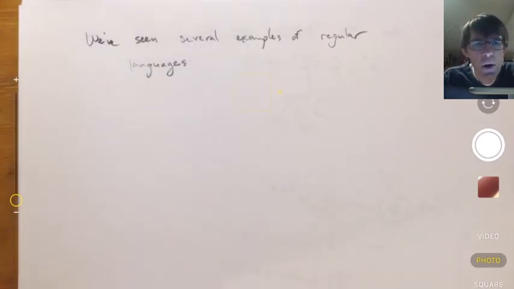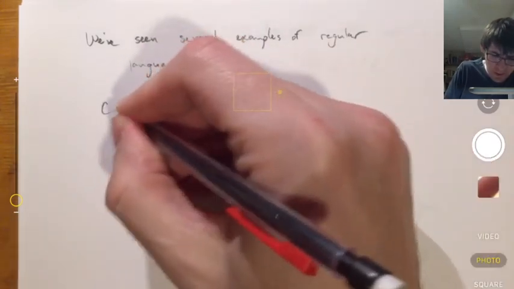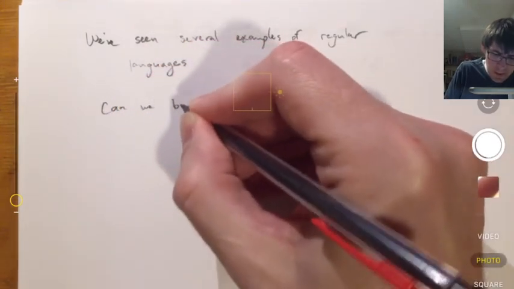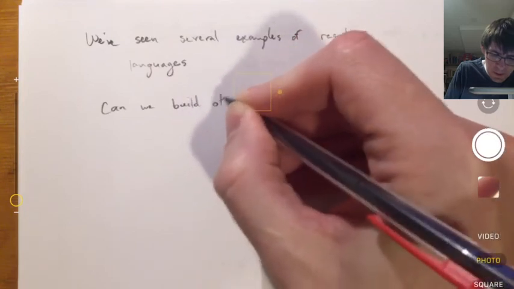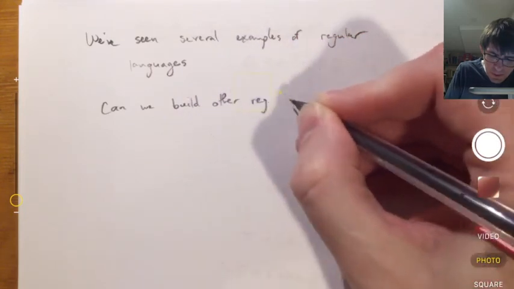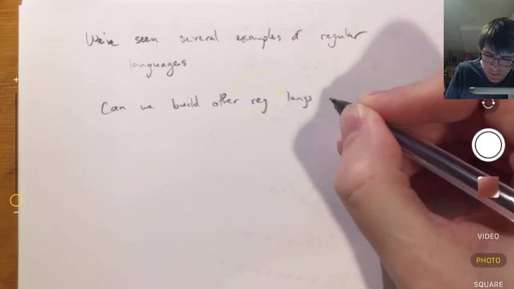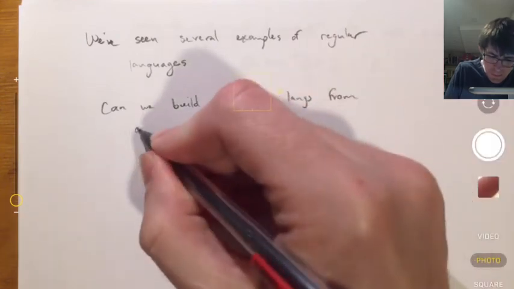I would like to know, is there some way of combining regular languages together and getting more regular languages? So can we build other regular languages from ones we already know?